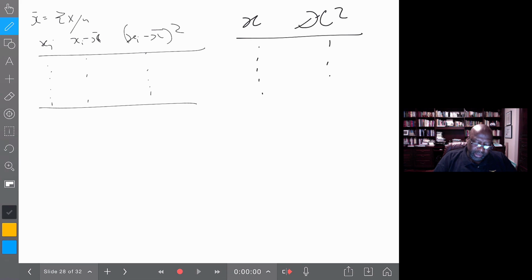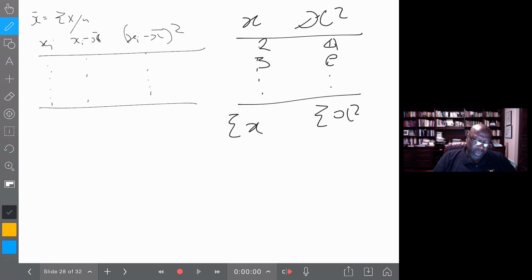All the x values, and then when we add them up, we will get the sum of x's and the sum of the x squareds. Now be very, very careful that sum of x squared is not the square of the sum of the x's. We are actually squaring each value separately and then adding them up. So if we had a value over here that was 2, x squared would be 4. 3, x squared would be 9. And then we add those values.